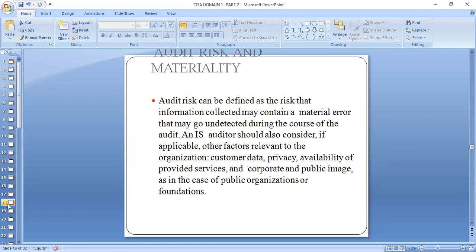Let's move on to audit risk and materiality. This is one of the most important topics in CISA and in audits generally. Audits can fail. Remember in part one, I said an audit can only give us reasonable assurance. There is no audit that can give us absolute assurance, so you don't check everything.